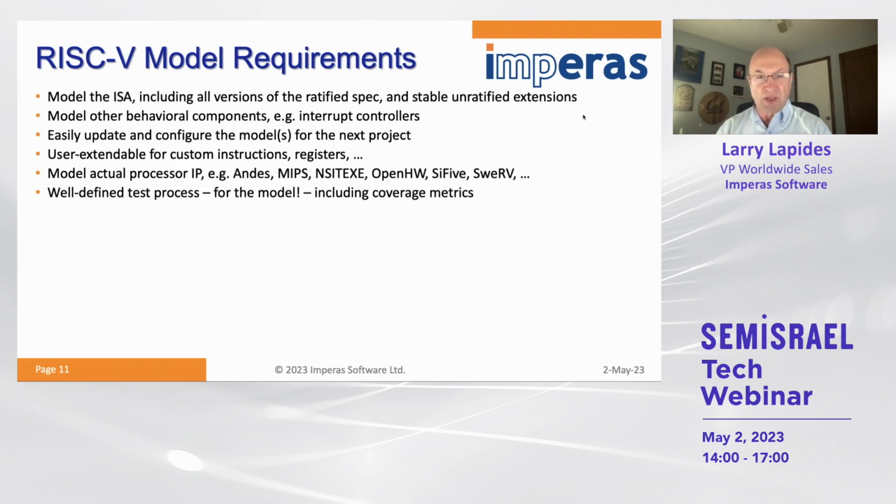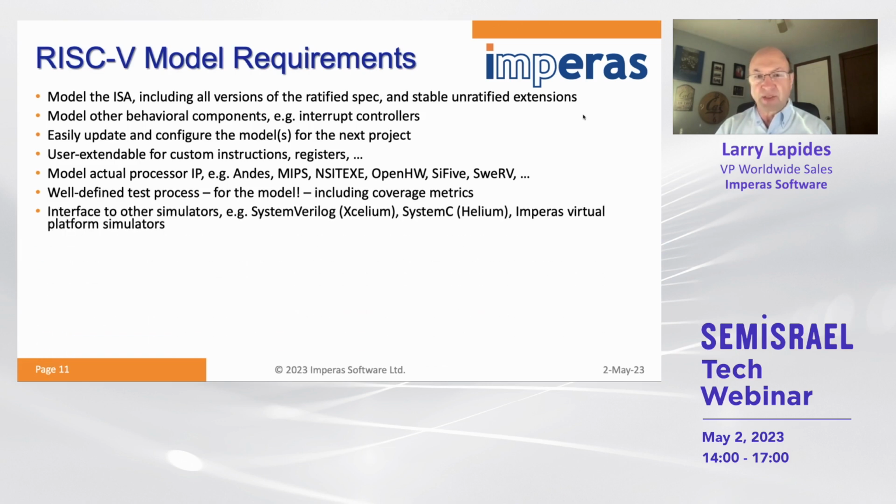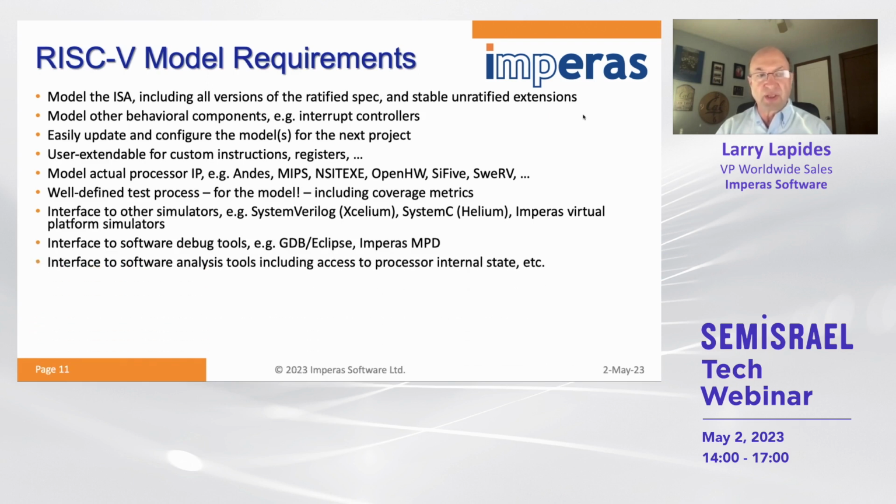I'm not talking about RTL verification here, but you need to have a well-defined test process for the model, including coverage metrics. It needs to be able to interface to other simulators, interface to software debug tools, interface to software analysis tools, including access to processor internal state.